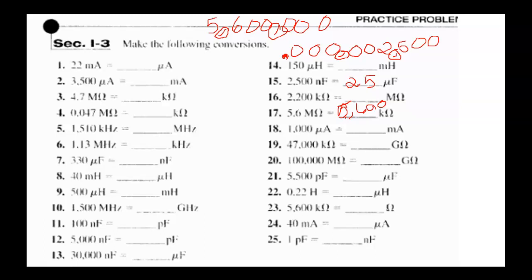So in order to write it out into its full decimal format, how many times do I have to move the decimal the other way? 6. That 6 will include the number 6. Why? Because I moved it in front of the 6. I now have to move it behind the 6. Does that make sense?